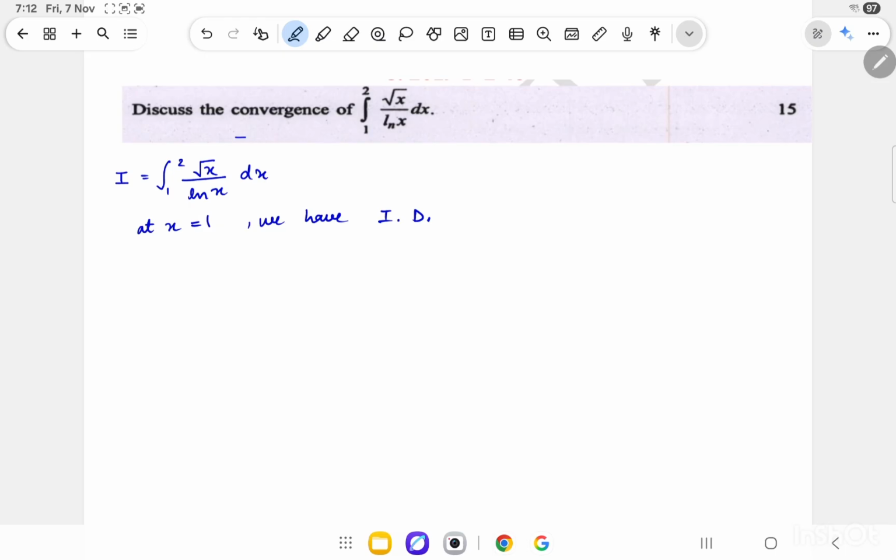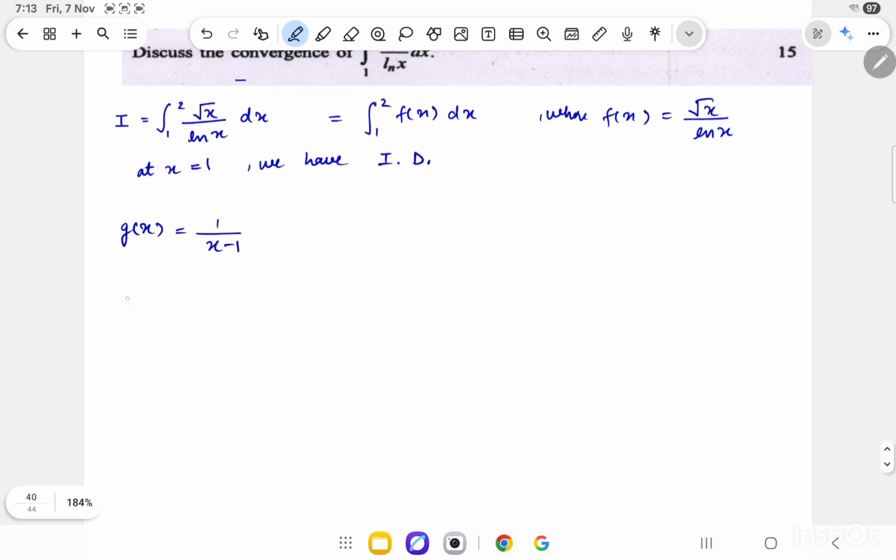Also that's the only point of infinite discontinuity. So let's see how we can solve this. I can write my given integration as integration from 1 to 2 f(x) dx, where my function f(x) is square root of x divided by ln x. Now let's assume another function g(x) as 1 by x minus 1 in order to use the limit comparison test.